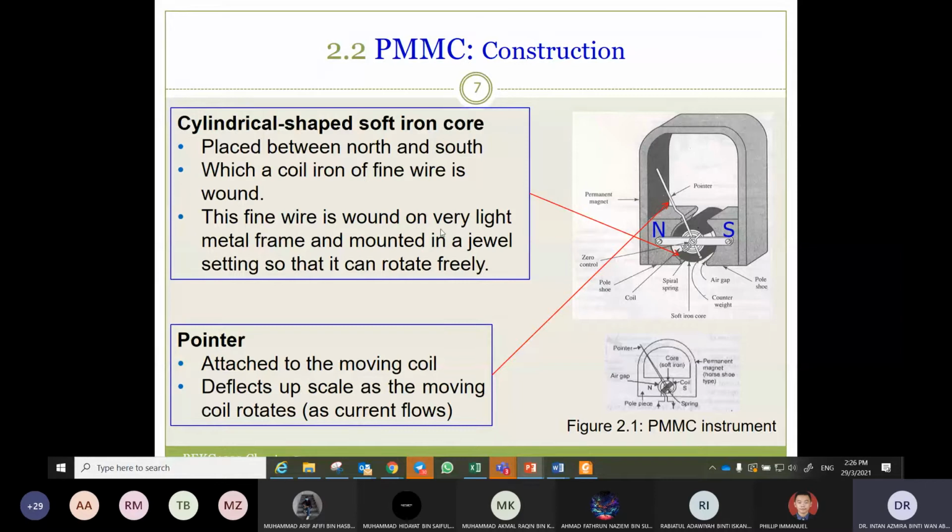This fine wire is wound on a very light metal frame and mounted in a pivot setting so that it can rotate freely. We have a pointer or needle that deflects upscale as the moving coil rotates. Okay, when the moving coil rotates, this pointer or needle will deflect upscale.